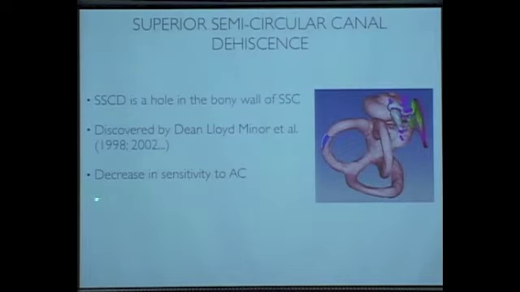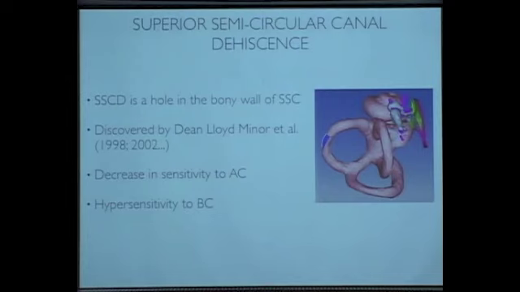But audiometrically, there's a decrease in air conduction sensitivity, and that's due to basically that the energy gets shunted from the cochlea to this pathway, and so you decrease air conduction. But it turns out that there's a hypersensitivity to bone conduction as well as a result of this.